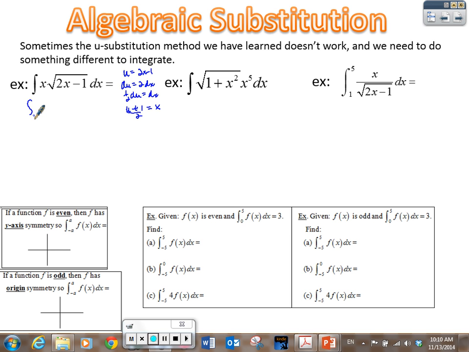For x, I'm going to go ahead and pull out that 1/2 here. For x, we would have u plus 1. And then we have square root of 2x minus 1, which was our u. So u to the 1/2 du. We have all the x's taken care of, and we also can simplify that into a form that we can work with. Yeah, we have another 1/2.